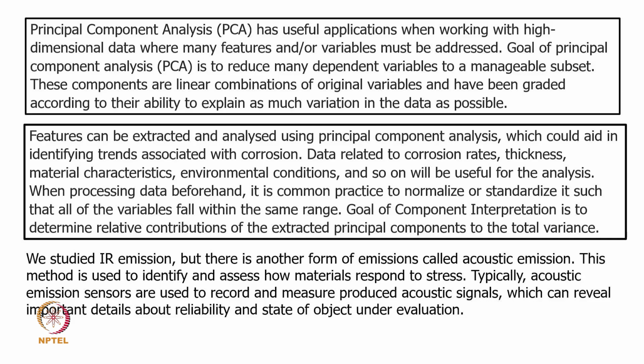The more important variables which are impacting the results can be extracted using PCA. So, the goal of principal component analysis is to reduce many dependent variables to a manageable subset. Maybe only a few variables can be given as independent variables, even though there are many dependent variables and we do not have a complete definite relation available.